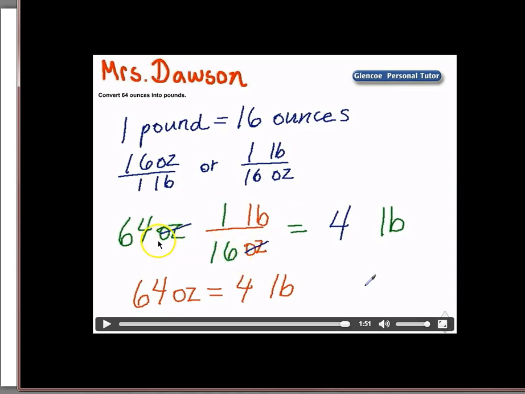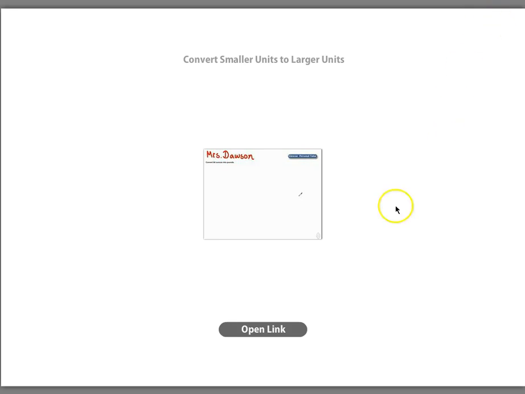So instead of just doing 64 times 1 divided by 16, we used ounces and pounds. So dimensional analysis is where we actually label what our numbers mean. So 64 ounces means 64 ounces. That's our dimensional analysis. 1 pound over 16 ounces, that's using dimensional analysis. Okay?